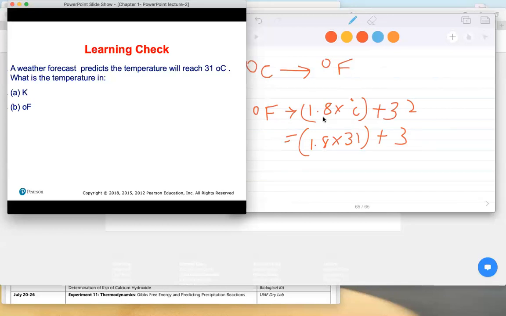And I have 87.8. This is degrees Fahrenheit.